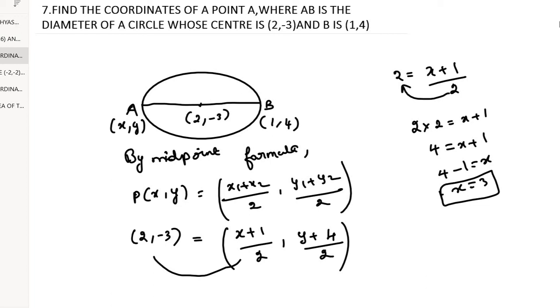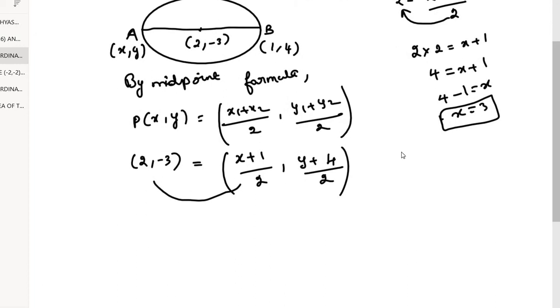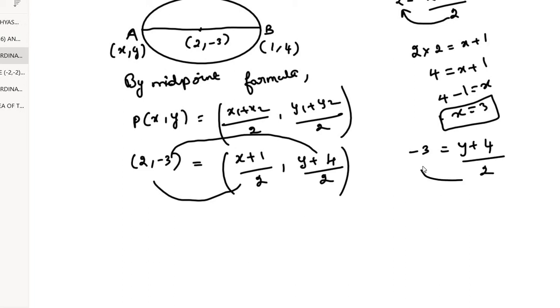Then I am going to equate the next part, that is minus 3 and (y plus 4) by 2. So I'll get minus 6 is equal to y plus 4. Minus 6 minus 4 is equal to y. y is equal to minus 10.